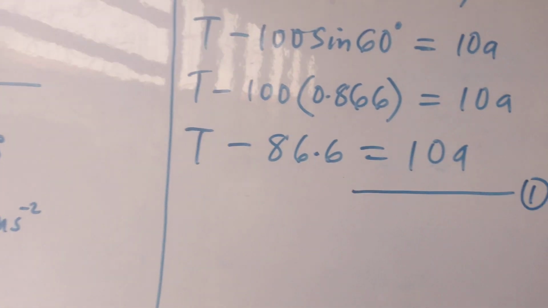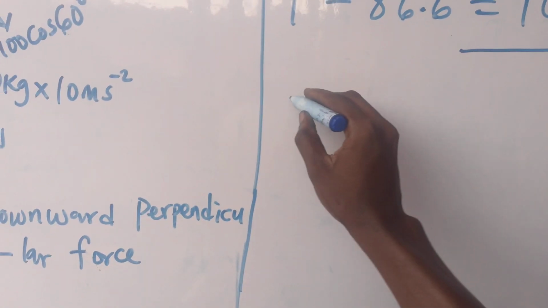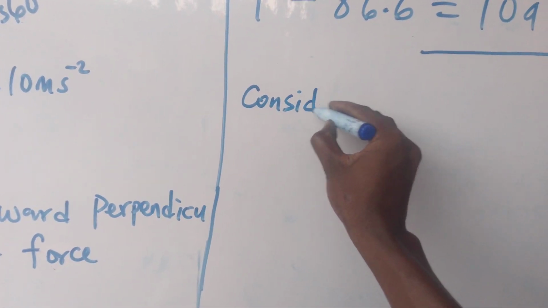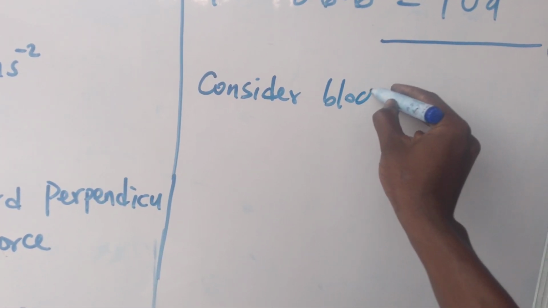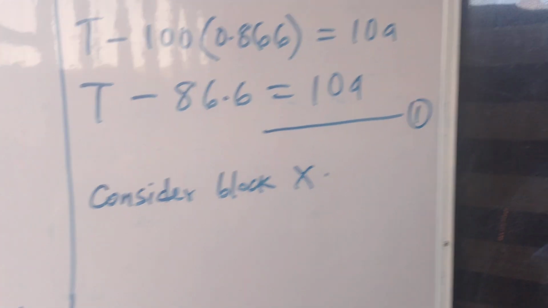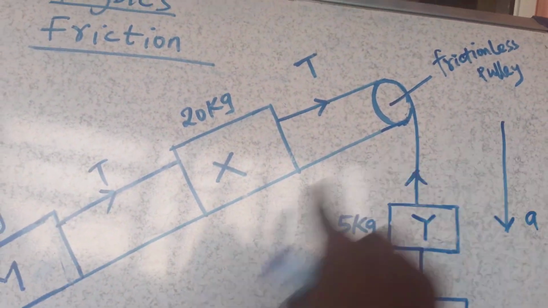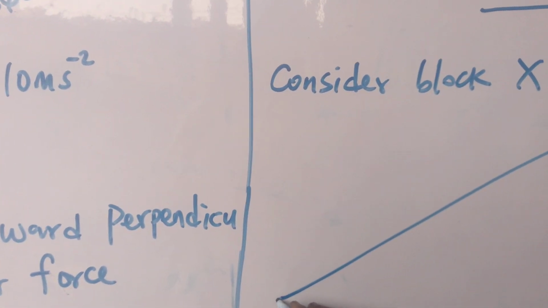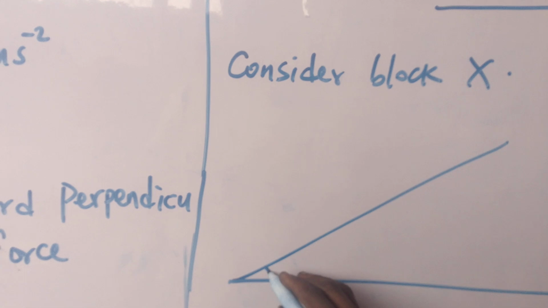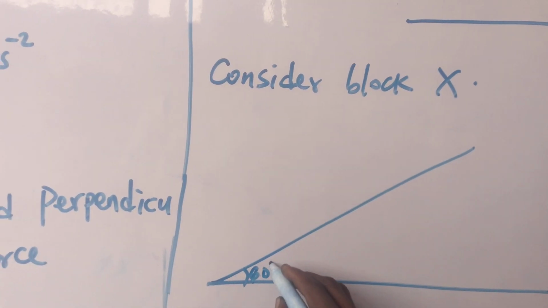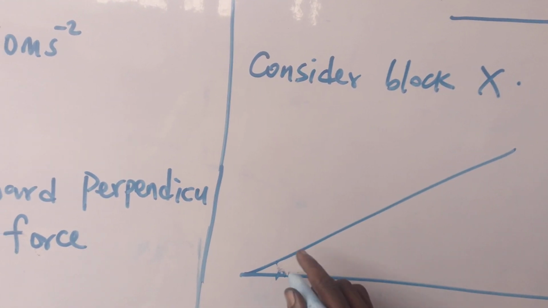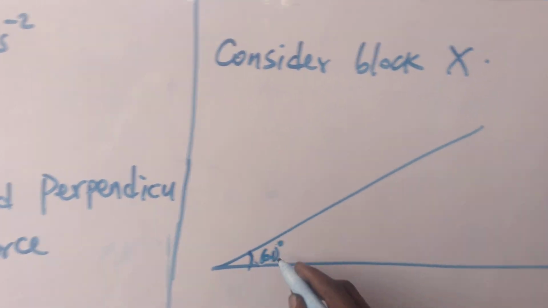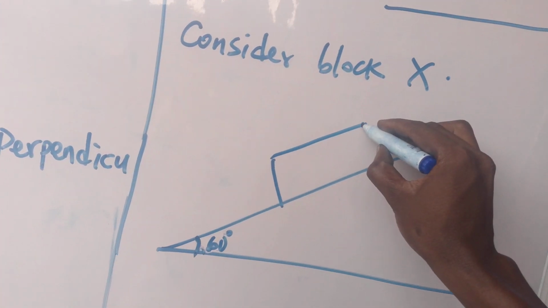Now then, consider block X. This is block X. I'll take the inclined surface, which is 60 degrees, and I place my block over there.